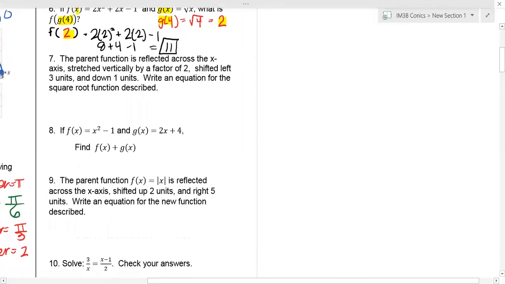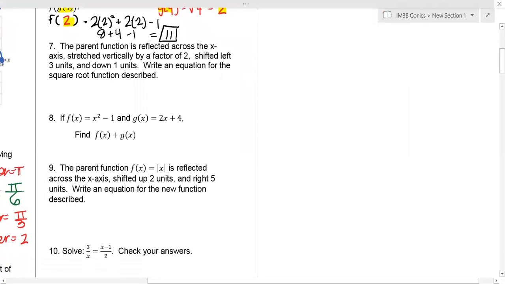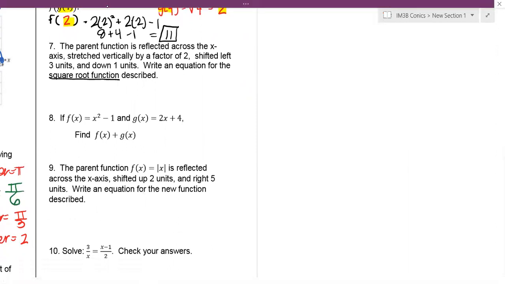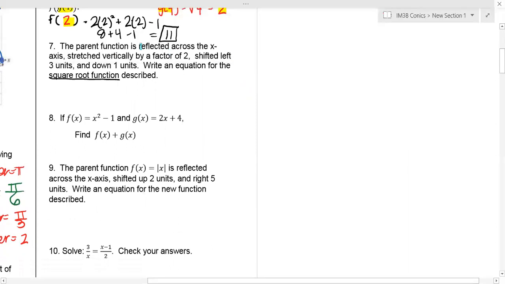Okay, so the next one we're talking about a parent function of a square root. So it's reflected across the x-axis and stretched vertically by a factor of 2. That's describing A. So the reflection part is telling us that A is a negative number.